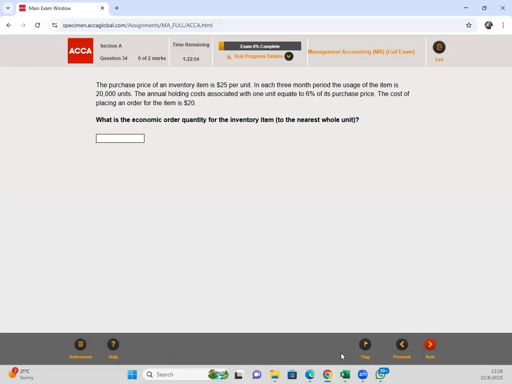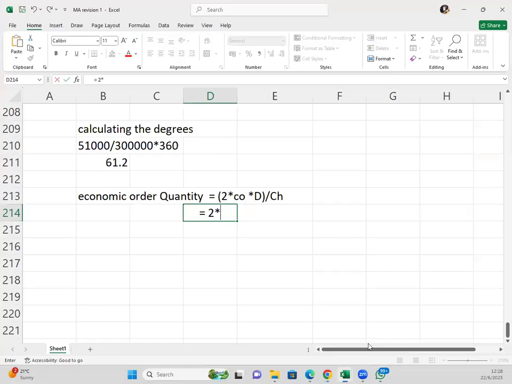How many 3-month periods do we have in a year? We have 4. So we need 20,000 four times, which is 80,000. So our CO is 20 and our demand is 80,000.